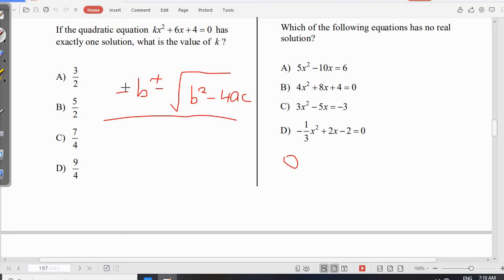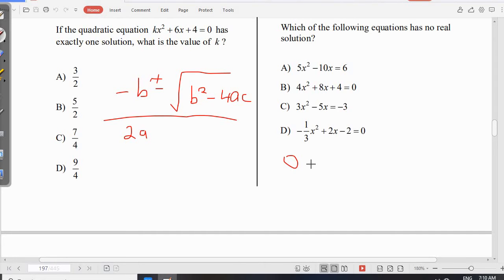So that only one solution will be there, because minus b plus or minus 0 should give you just minus b over 2a. Okay, because everything here is over 2a. So b squared minus 4ac here should give you 0. That's just it.